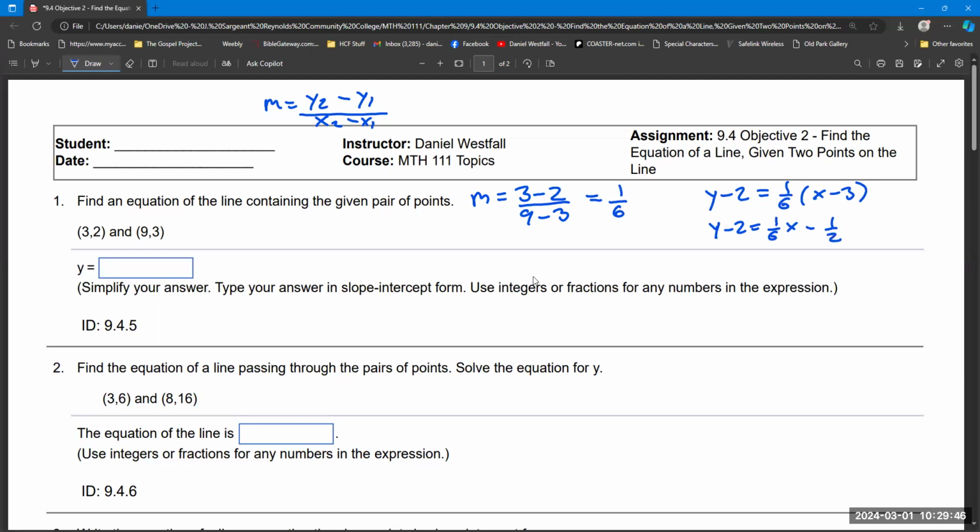When I add 2 to both sides, y equals 1/6 x, and then 2 is the same thing as 4/2, so minus 1/2 plus 4/2 gives plus 3/2. So y equals 1/6 x plus 3/2.